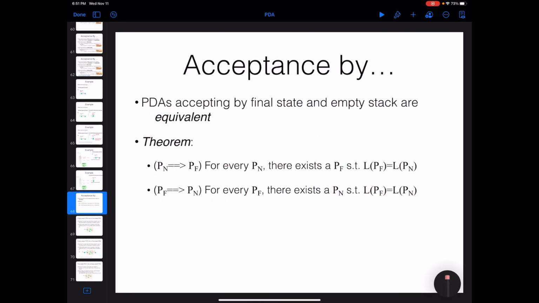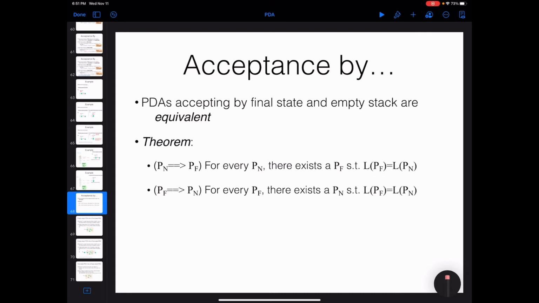So I'm going to now show you that it doesn't matter if you design your pushdown automata by accepting by final state or empty stack. They are equivalent. They don't give you more expressive power.